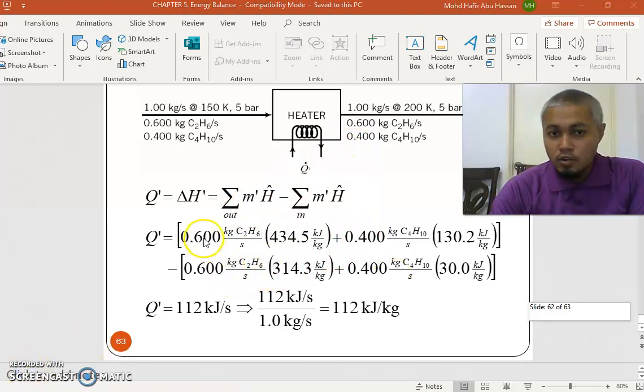And then if you look here, the mass balance is still the same because there is one inlet and one outlet, no change in mass. So we have the same mass here for outlet, for inlet, for outlet, and for inlet. The only difference is the enthalpy values because there are differences in the temperature for outlet and inlet.